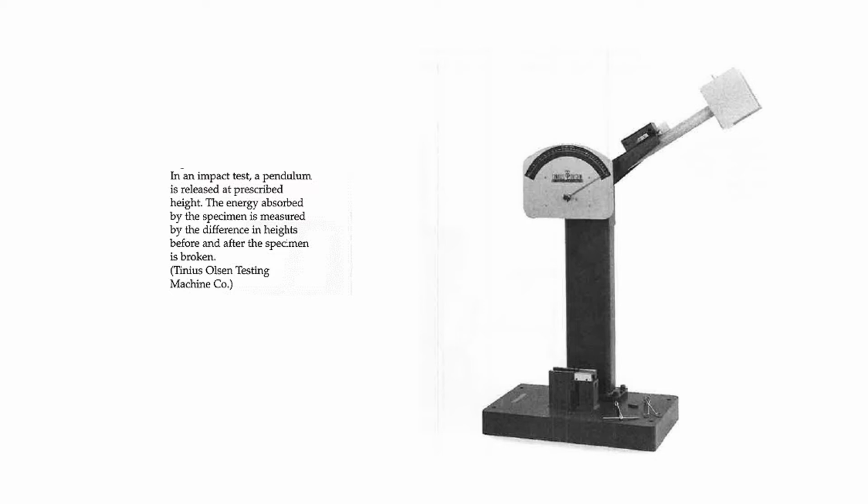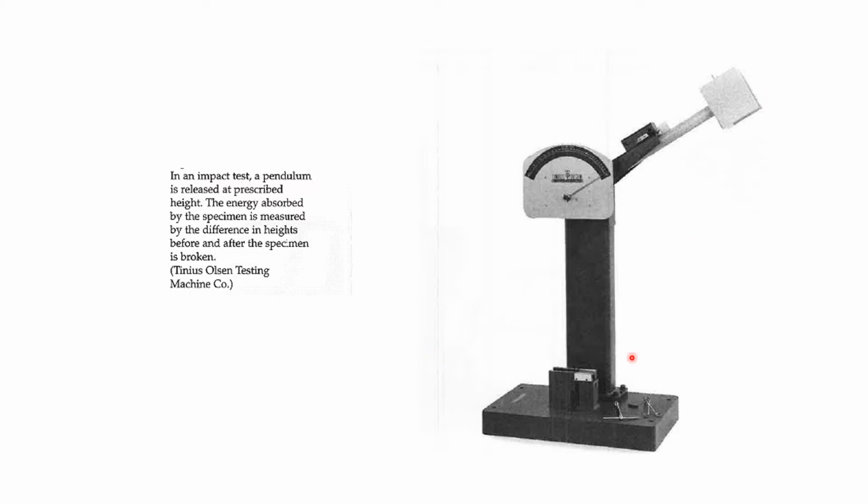And here, in real life, it looks like this. Your specimen station right there, your anvil right here, your little pieces of specimen down there. So in the impact test, the pendulum is released, and you have a height 1 right there. The energy absorbed by the specimen is measured by the difference in height before and after.